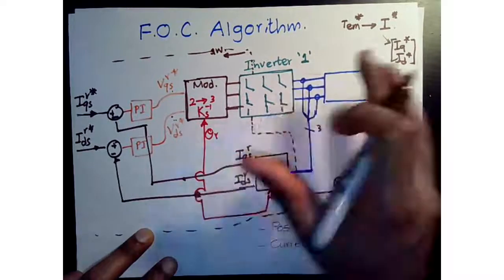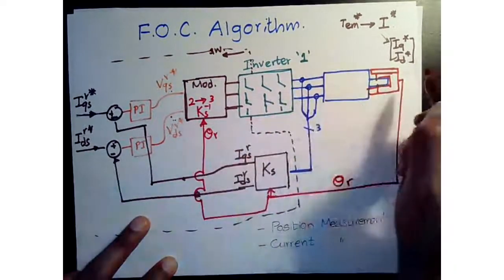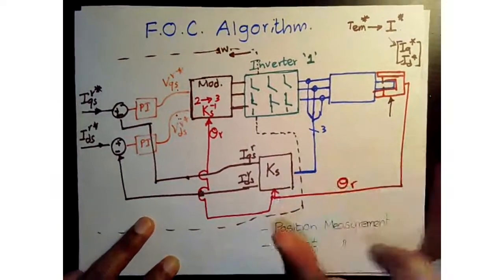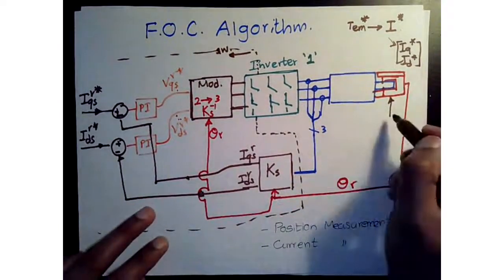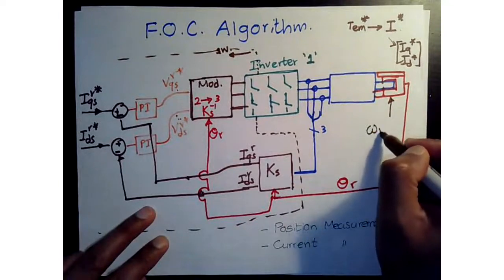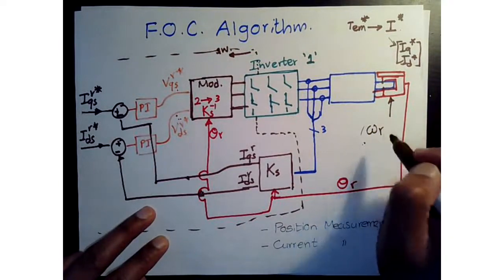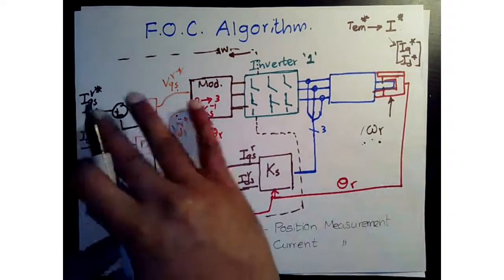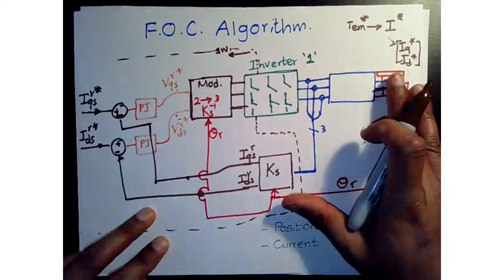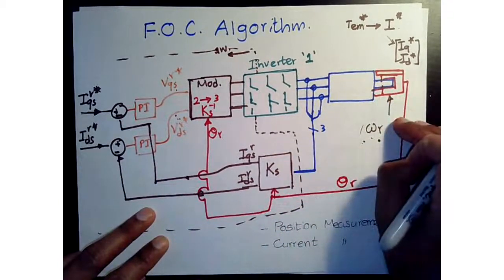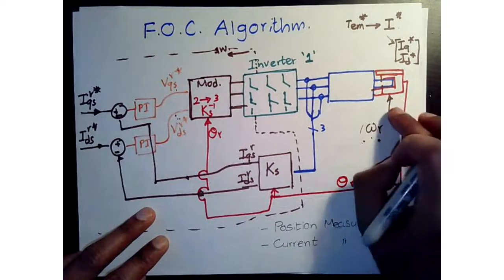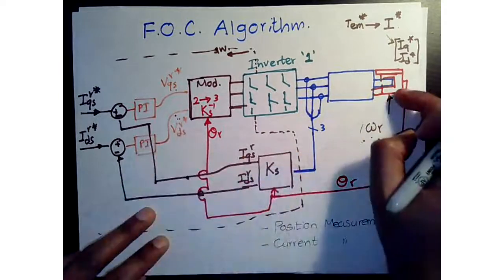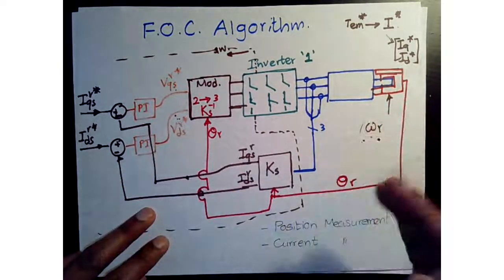So what we typically do is regulate the speed for testing purposes, and in simulations, we typically set the speed to a constant value, omega r, and then try to see the performance of the field-oriented control algorithm at that speed. Of course, you can apply speed steps, change speed, and see how the controllers respond to that. But generally, you would want to regulate the speed, especially in your simulation.